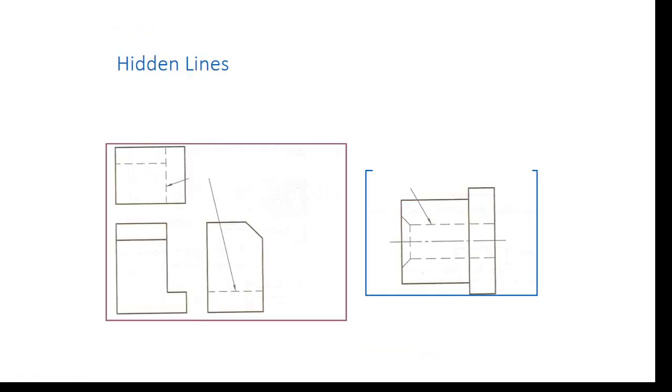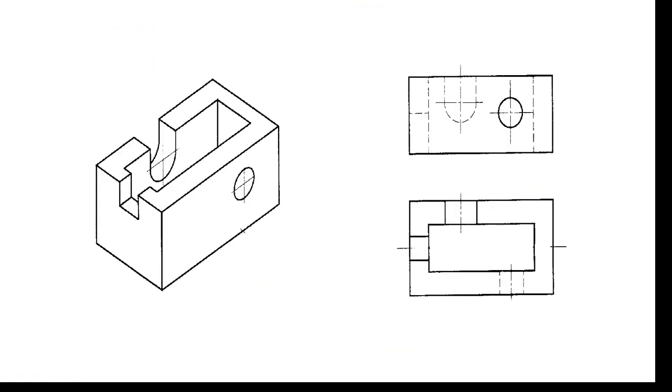I have some slides in my presentation. Yes, this is the first slide. It gives an example to highlight in which case we replace a regularly created projection with a sectional projection, a sectional view.